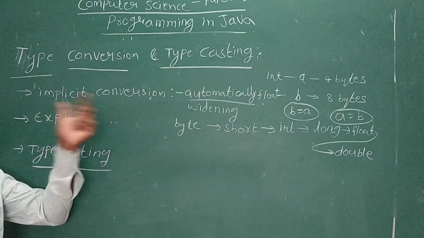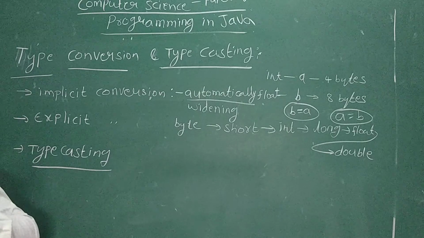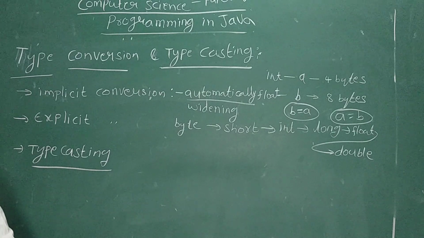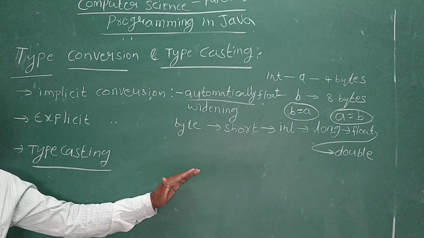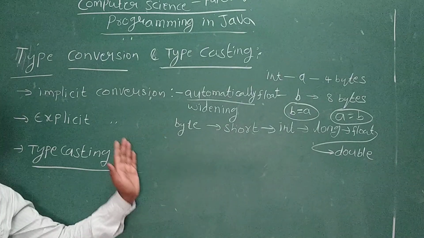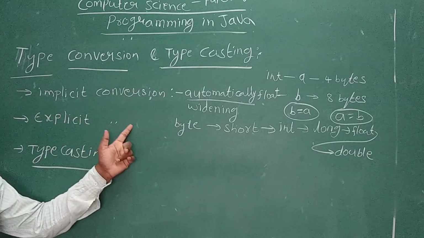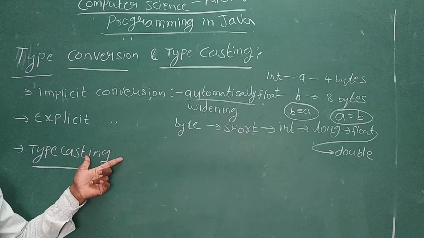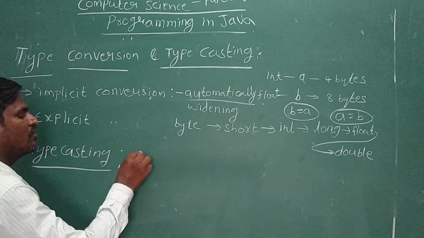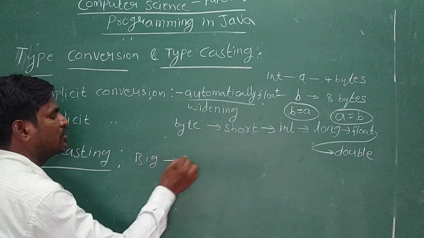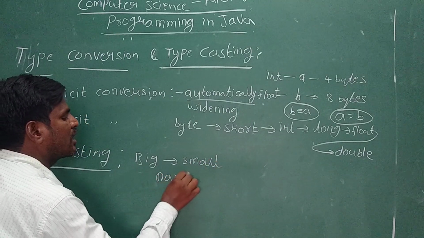Externally, by writing a statement, we convert the higher size variable into lower size. That process is called explicit conversion, or typecasting. Typecasting means we can convert bigger size data variables into smaller size. This is called narrowing conversion.